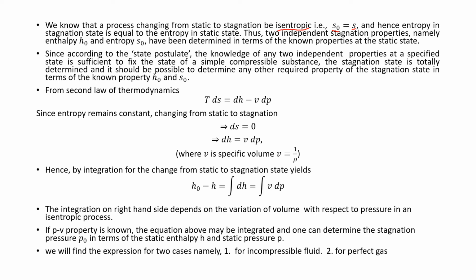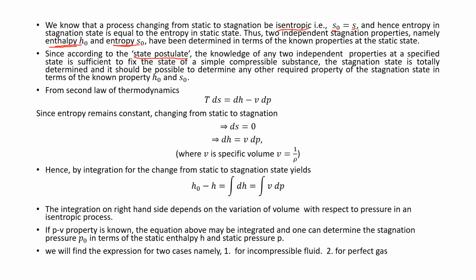Okay, so here we are going to find the expression for static enthalpy, stagnation enthalpy and stagnation entropy. According to the state postulate, which we have studied in basic thermodynamics, the knowledge of any two independent properties at a specified state is sufficient to fix the state of a simple compressible substance.